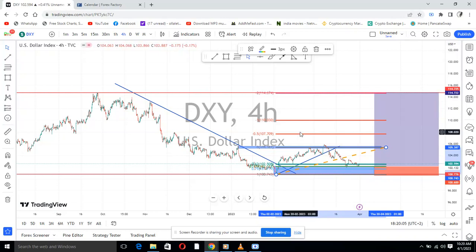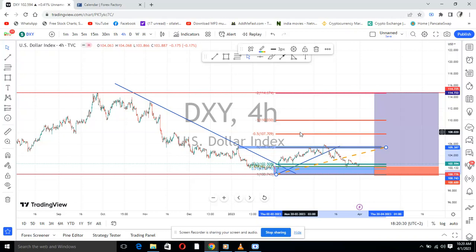So that is the bias regarding the DXY. Currently, it is very possible for me to say that I'm expecting the dollar to be strong in this coming week, the week we are starting today, on Sunday for those of us who trade forex.